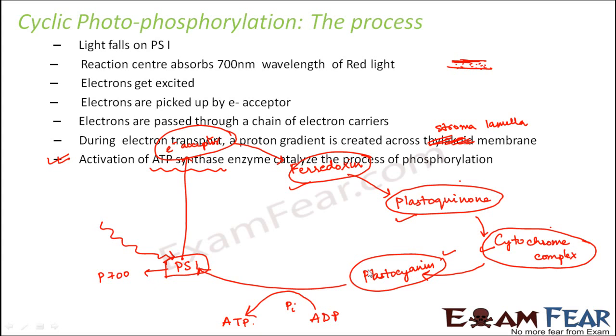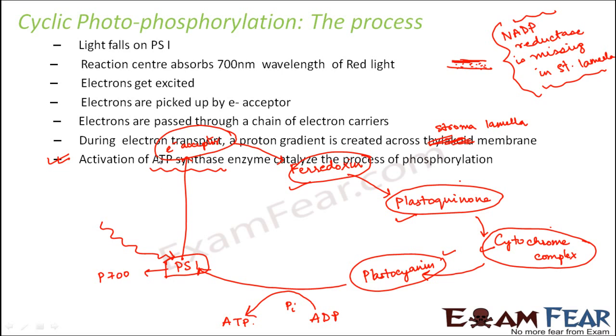Because the stroma lamellae does not have the NADP reductase enzyme. That is another important thing to be noted here. The NADP reductase enzyme is missing in the stroma lamellae, and that is why NADP+ doesn't come into the picture, and NADPH synthesis also does not take place.